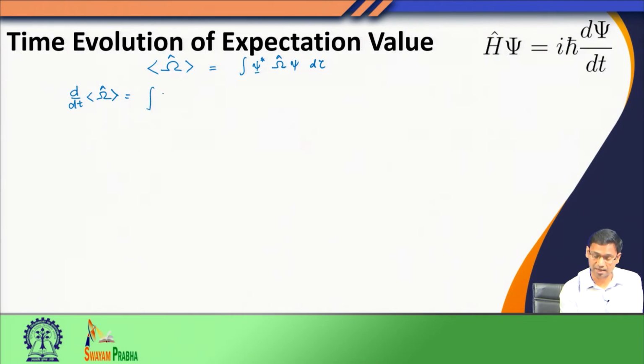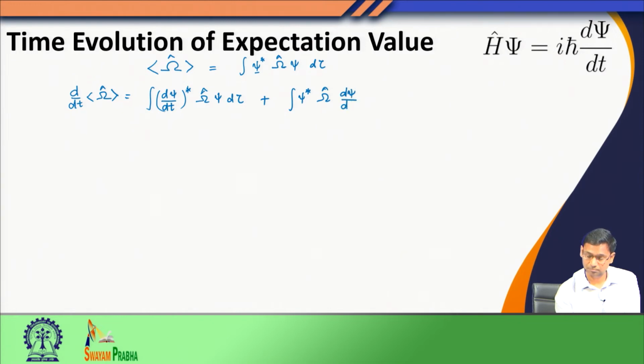In that case I can write this as the first term plus the second term, and I am not writing the term where I differentiate the operator, because the operator is independent of time, does not have explicit time dependence.